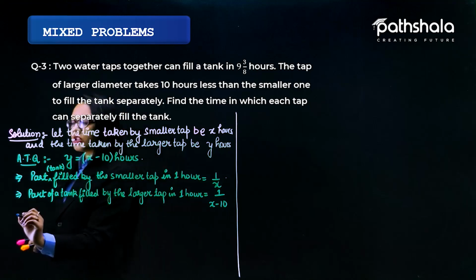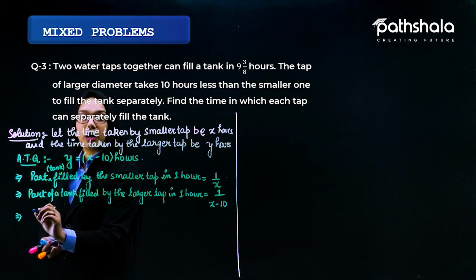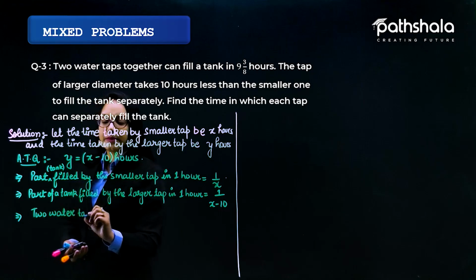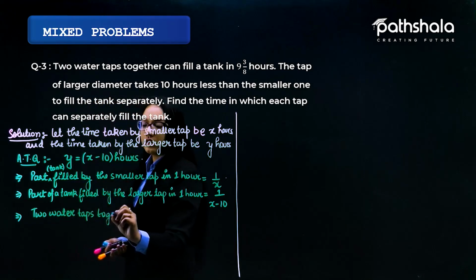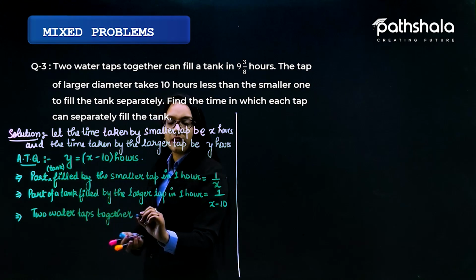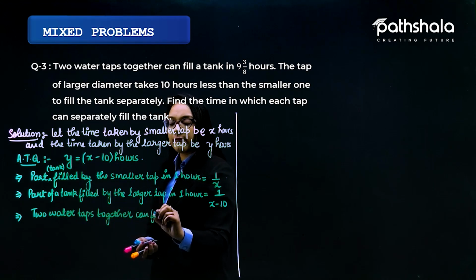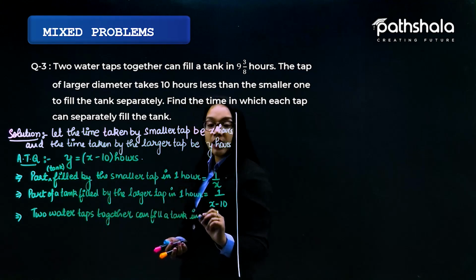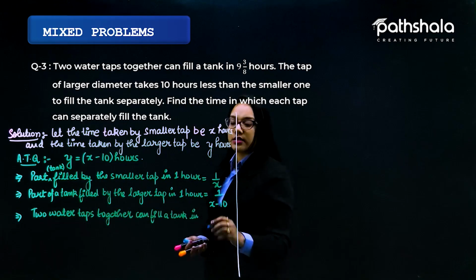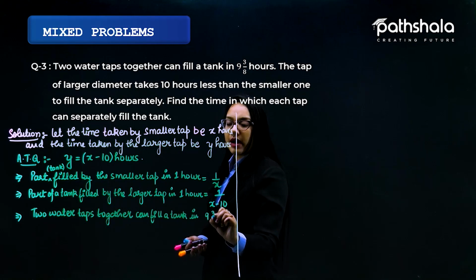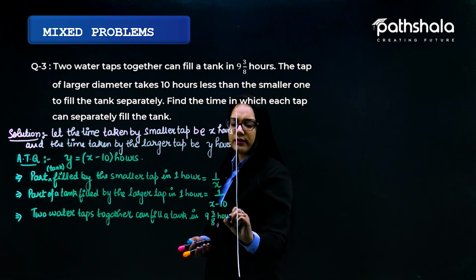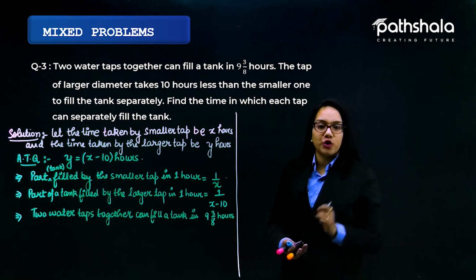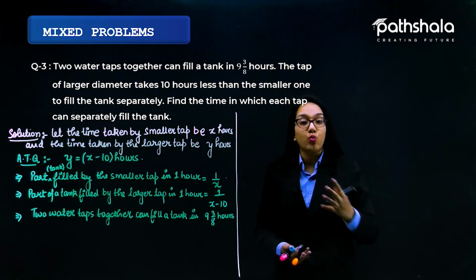So according to the question, again it is mentioned that the two water taps together can fill a tank in 9 3 by 8 hours. So let us suppose if we are again talking about its 1 hour, that how much part should be filled by both of them in just 1 hour.